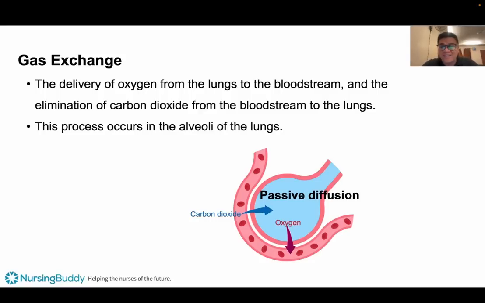Again, it's in the alveoli of the lungs, which work like a balloon. These are tiny structures in your lungs wherein passive diffusion occurs. It is where the exchange of oxygen and carbon dioxide occurs.